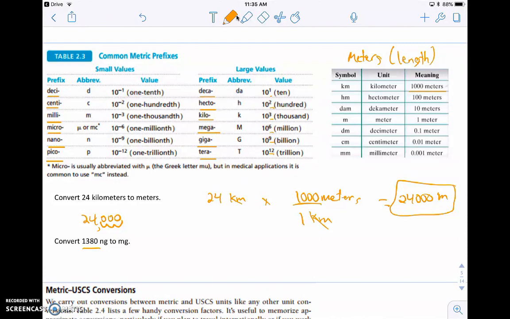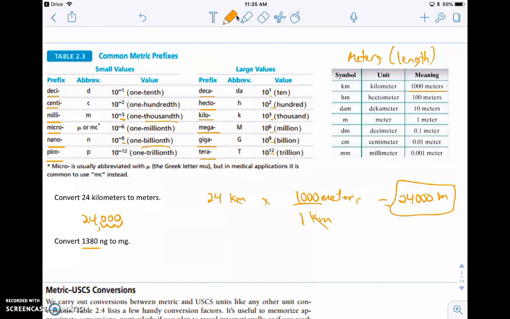So the next one, we want to convert 1,380 nanograms to milligrams. Now, nanograms are much smaller than milligrams. Okay, because again, our milligrams are in the thousandth, nanograms are in the billionth. And so when you look at the decimal places here, -3 to -9, that's 6 decimal places of difference.